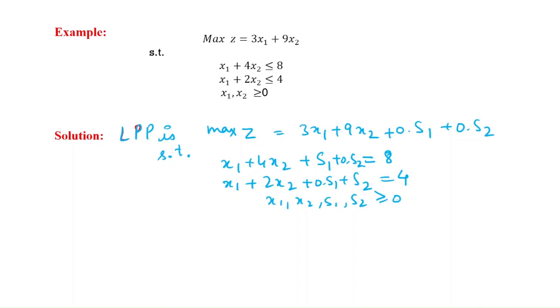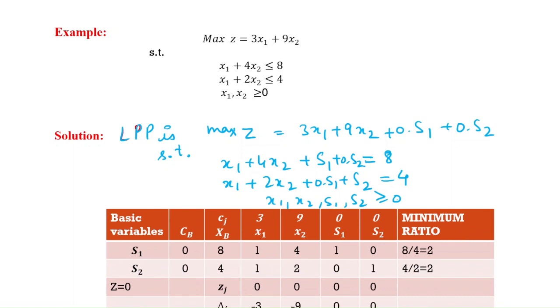When we apply the simplex method, we will be getting such a table where the basic variables are s1 and s2. Whenever you get a linear programming problem, you first write it in the standard form, then the second step is to find the basic solution.